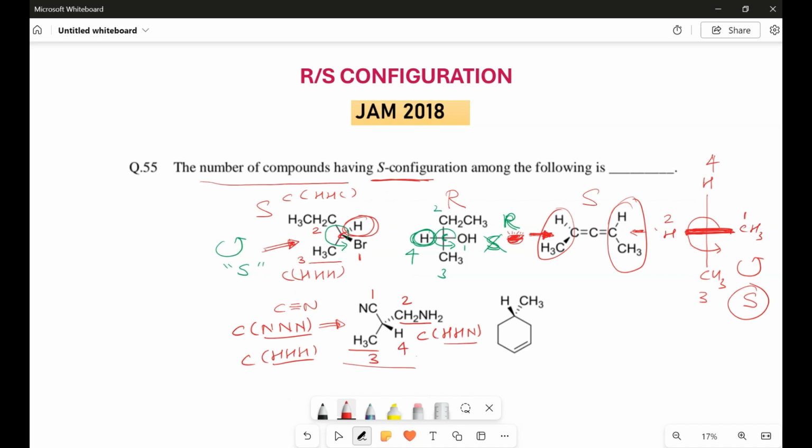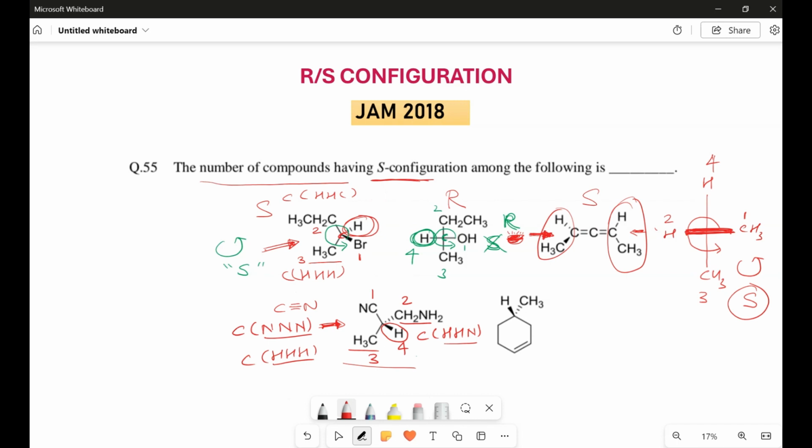Since I'm viewing from this side, I'm going to assign priority. But as I told, for a Fischer form, you should try to assign priority keeping the least priority away from you. It should be given priority keeping the H away from you. So just imagine you are standing behind this particular board and assigning.